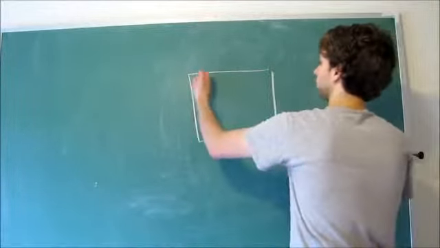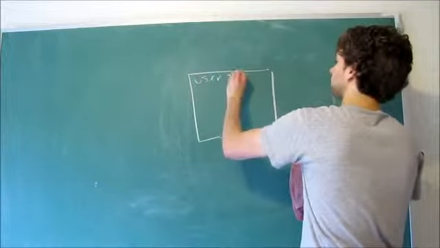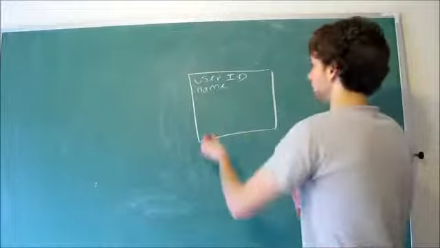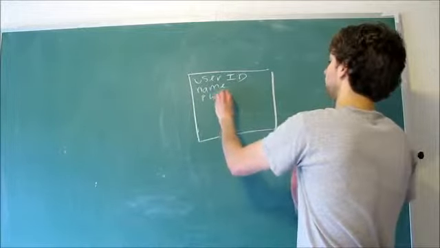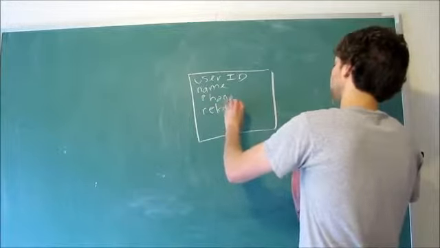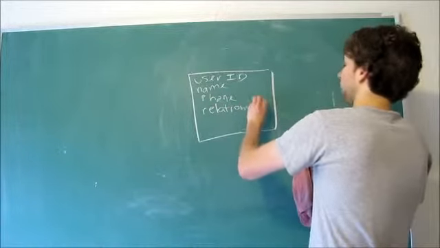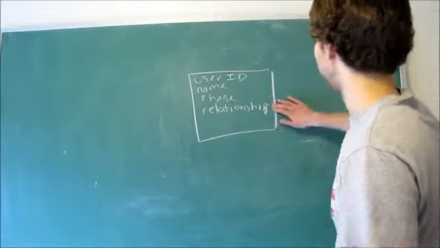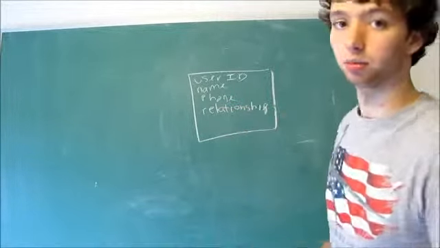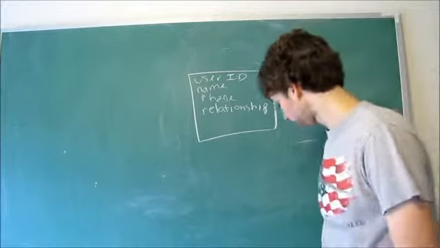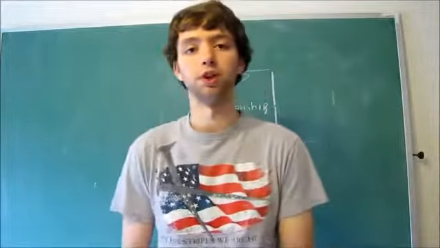We could have the user ID, the name, first name, last name, a phone number, whatever else. And then we could say relationship. That's a one-to-one relationship. We could just have that be an ID of another person. And we don't have to worry about having another table for that. So yeah, that's a one-to-one relationship.